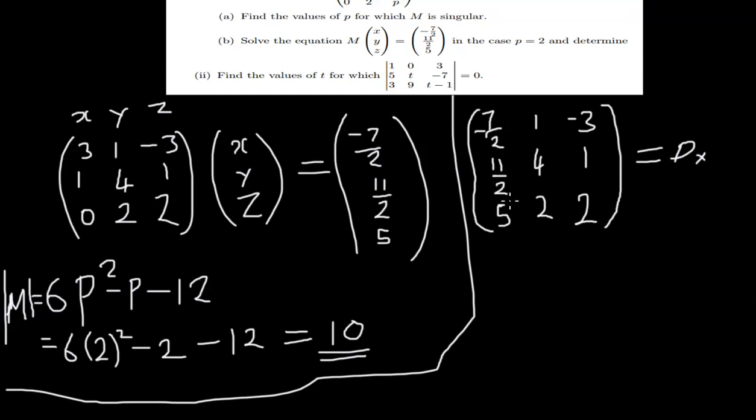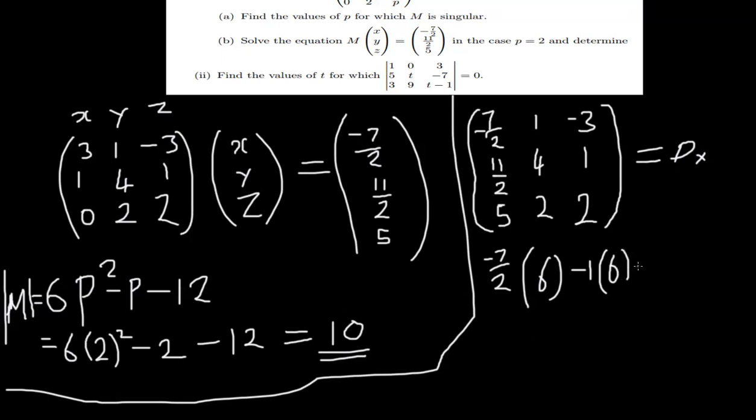So the determinant there will be, first I will put my negative 7 over 2, and then open brackets, the minor there will be 4 times 2, 8, 8 minus 2, I'll get 6, I'll put my 6 there. And then minus 1, and then open brackets, 11 over 2 times 2, I'll get 11, and then 5 times 1, I'll get 5, so I'll subtract 11 minus 5, I'm still getting 6 there.